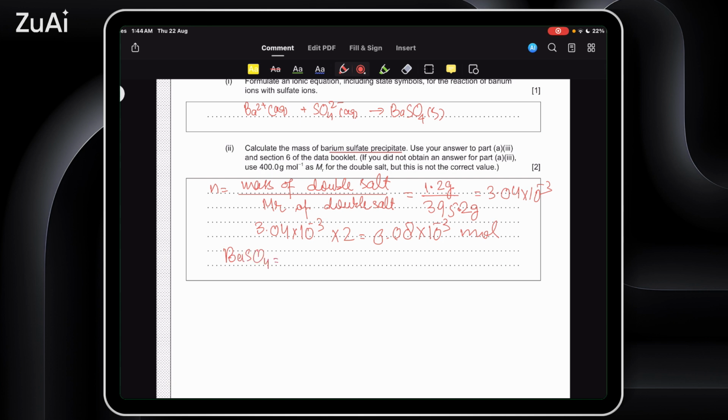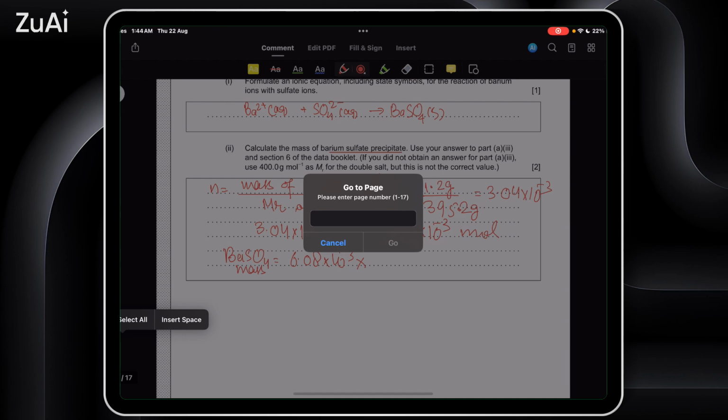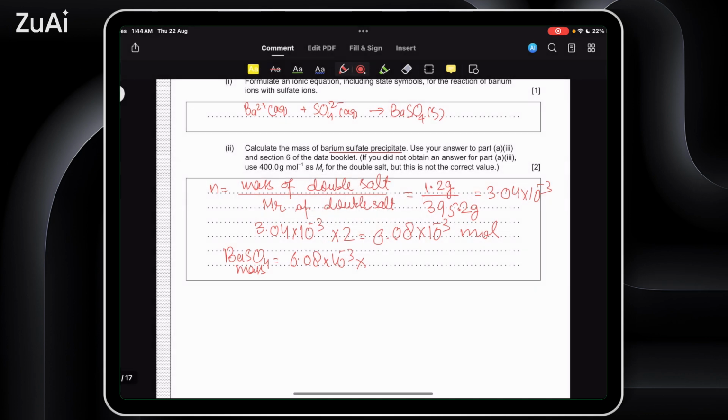Moles times Mr, so 6.08 times 10 to the power negative 3 times Mr of barium sulfate. So we have the answer, 1.42 grams.